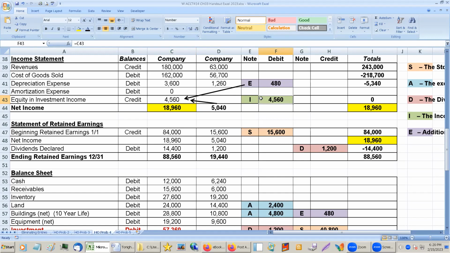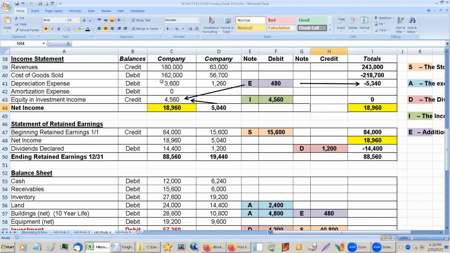So when we remove it, all we're going to be left with is basically those two companies together, with the inclusion, though, of this additional asset, or excuse me, expense here.